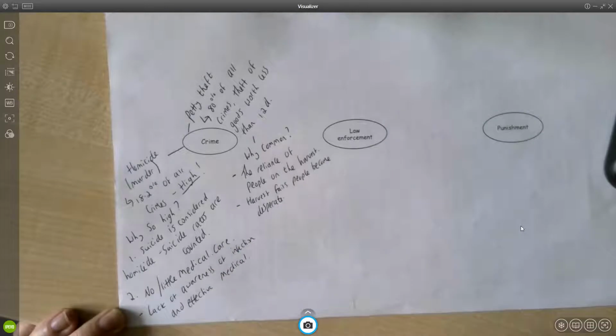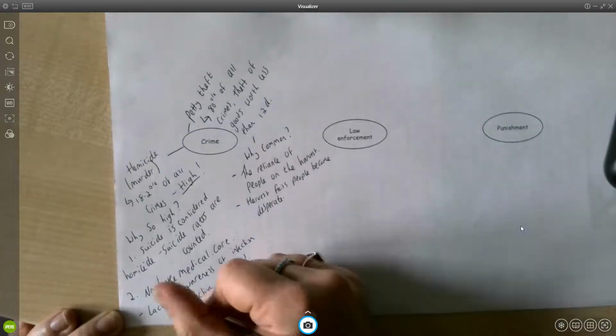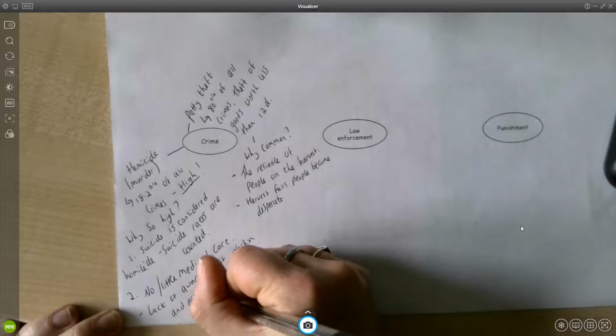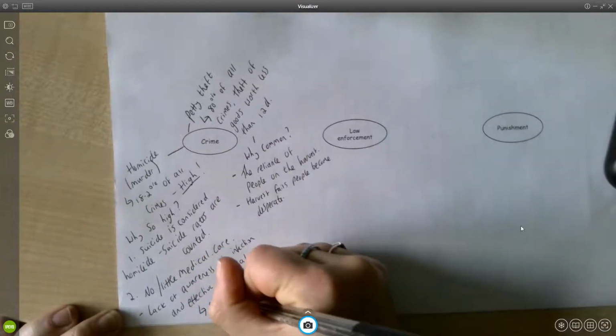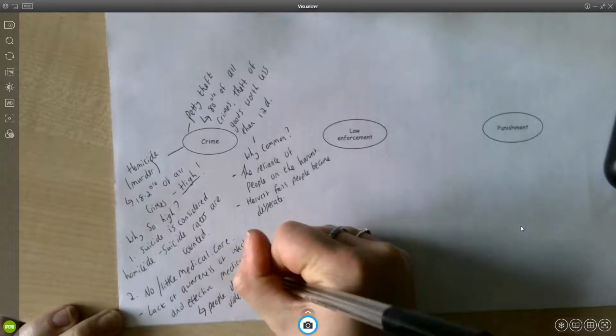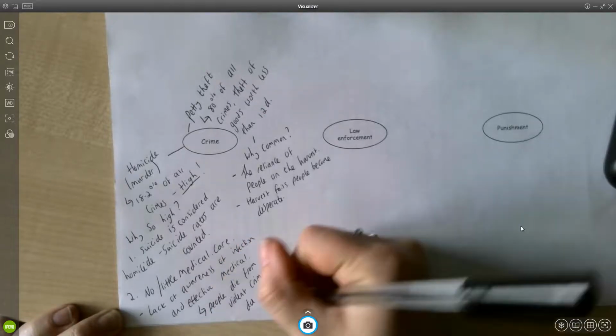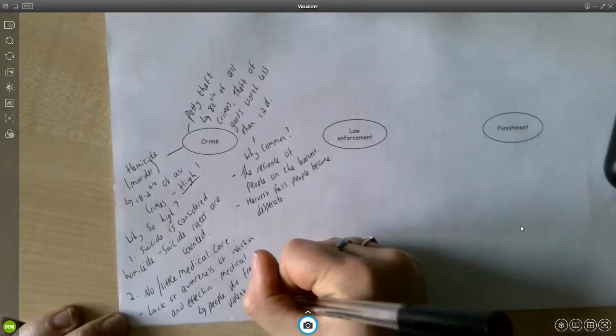Any violent crime against a person, even if it's not meant to be murder, can easily become murder as people die due to infection. So people die from violent crimes due to infection.